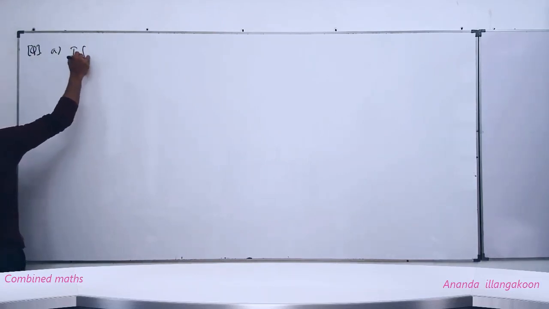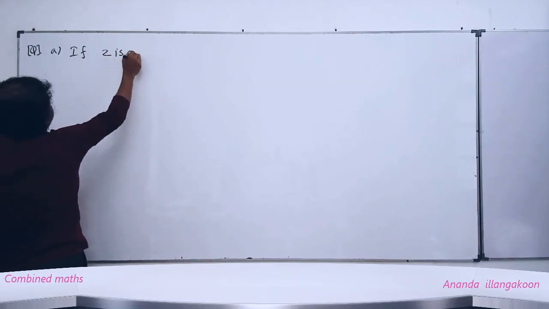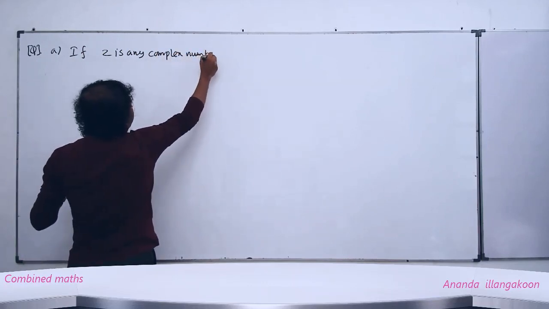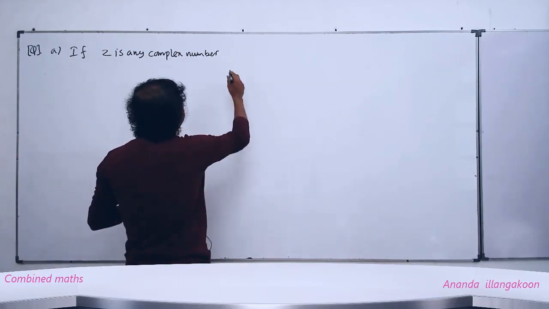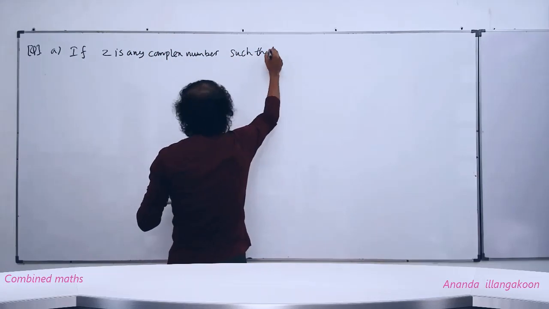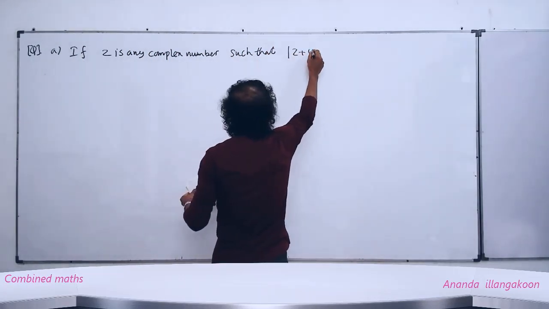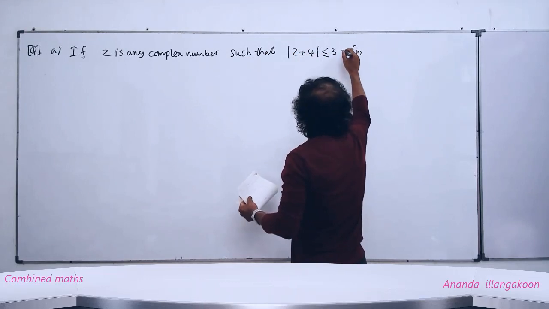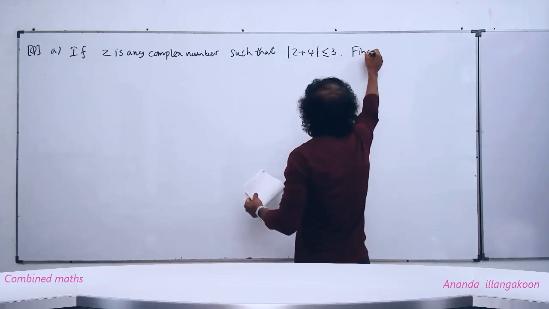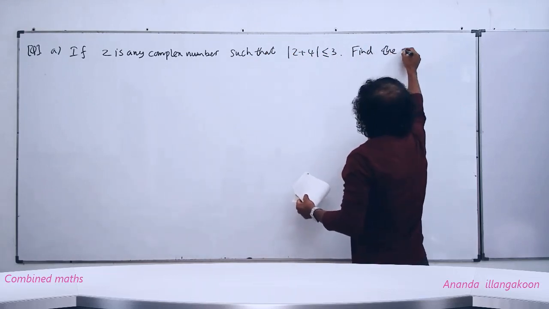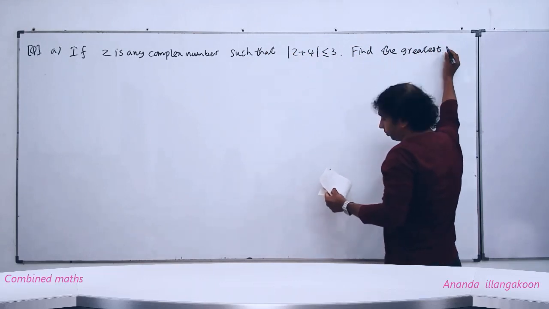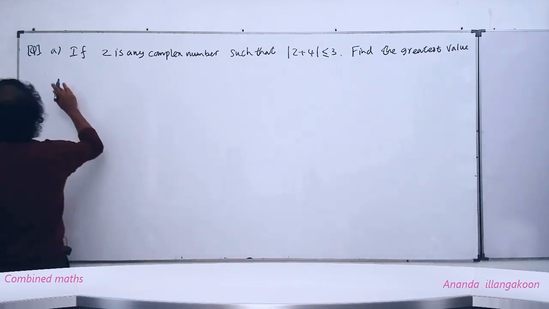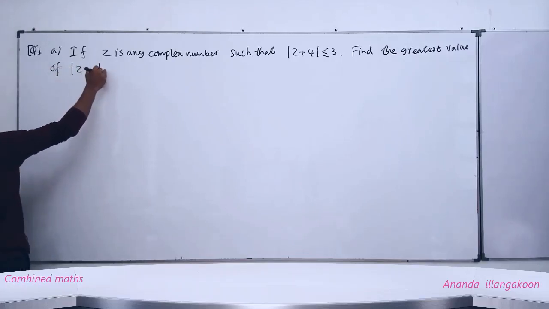Part A, if Z is any complex number such that |Z + 4| is less than or equal to 3, find the greatest value of |Z + 1|.